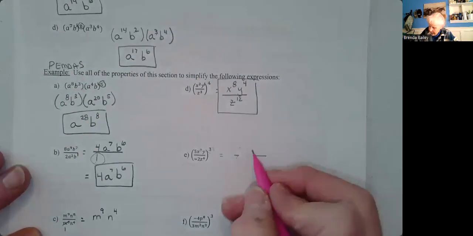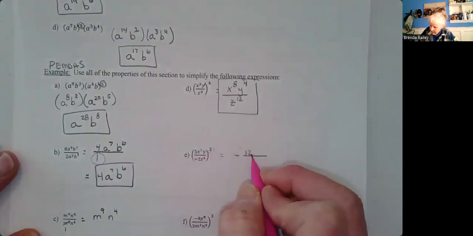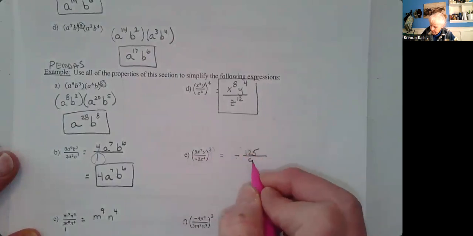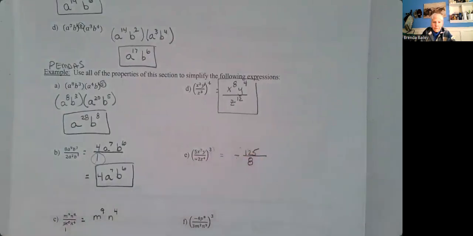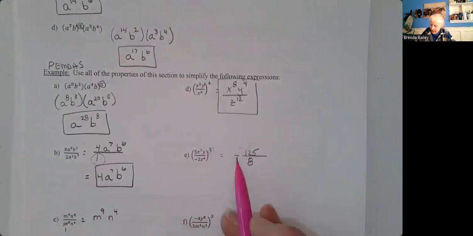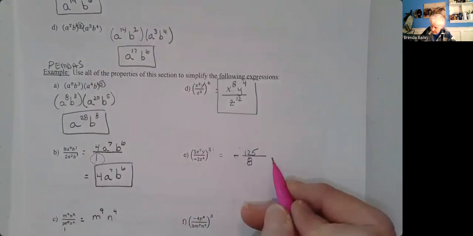So we'll do that right now. 5 cubed is 125. 2 cubed is 8. And it's negative because it's an odd power out here. So the negative stayed. Now let's go to our exponents.